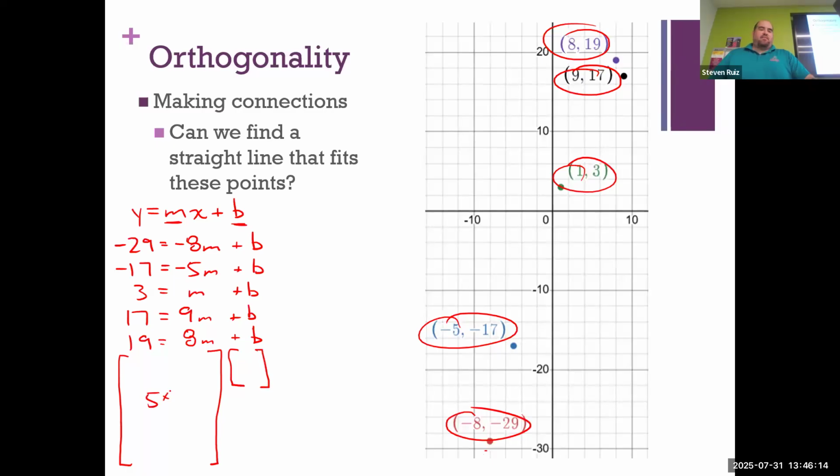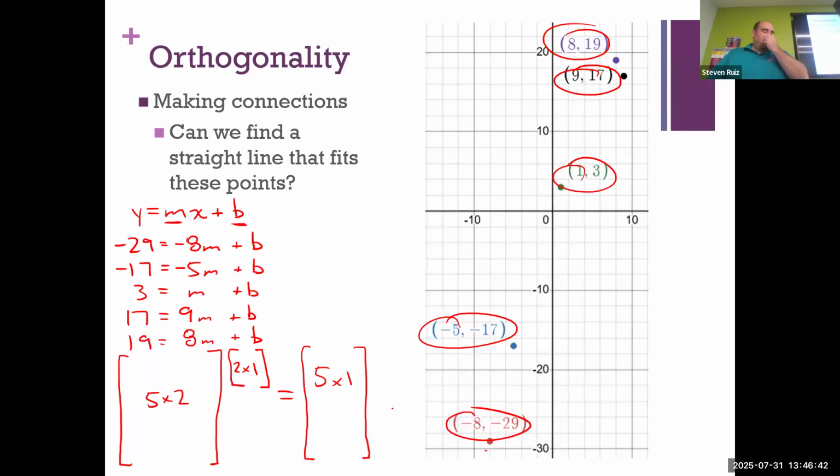So this is a 5 by 2. Why is it 5 by 2? So the answer vector, what's the order of that one going to be? 5 by 1.